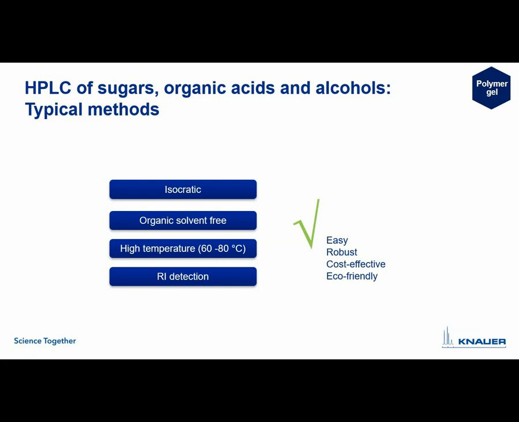They can be run with isocratic methods, it's no problem, and the RI detection can't be used with a gradient. So this is a perfect match. Overall, methods are really easy, really robust, cost-effective because you just use water as a mobile phase, and they are really eco-friendly for the same reason.